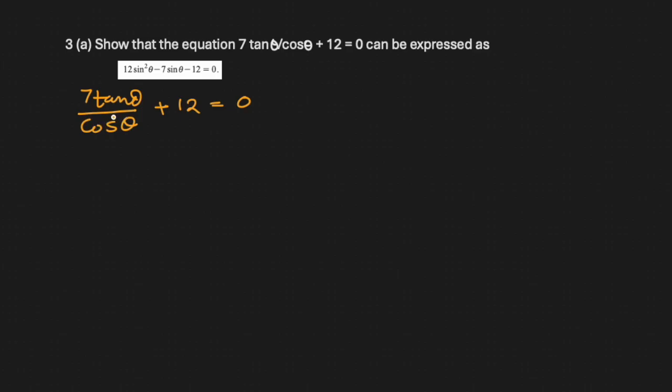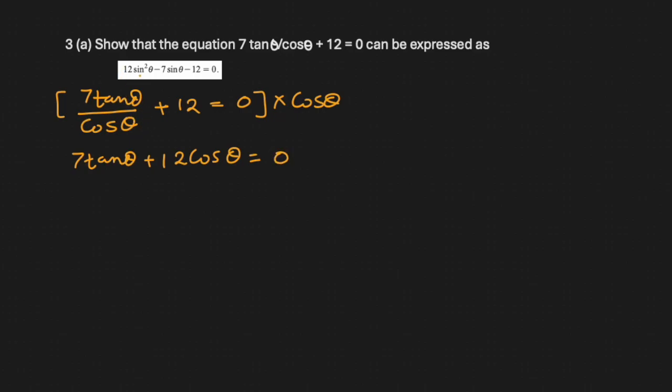We should multiply the whole equation by cos theta so that this denominator is gone. When it multiplies with this, 7 tan theta is the only expression left. Then cos theta multiplies with 12, it becomes 12 cos theta, equal to 0.